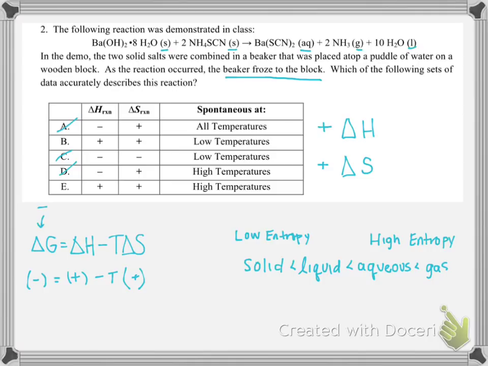Okay, so how I see this is we have a positive minus another positive. We want this to be negative, so we need to make this portion big, so that we have something bigger to subtract off to make it negative. And so for us to do that, we want to work at higher temperatures.